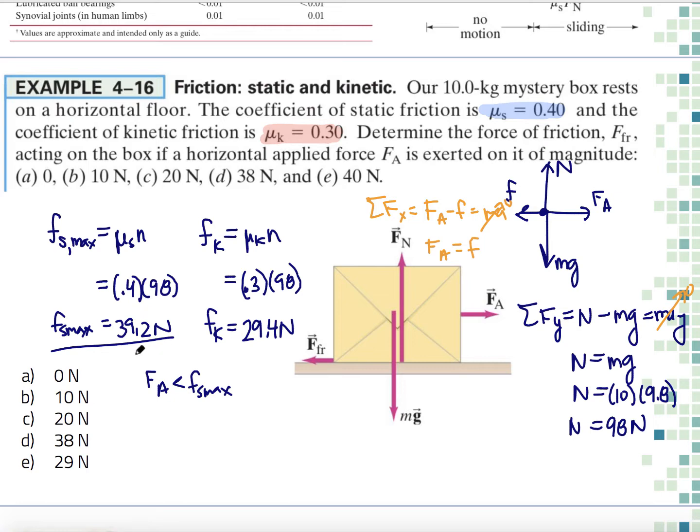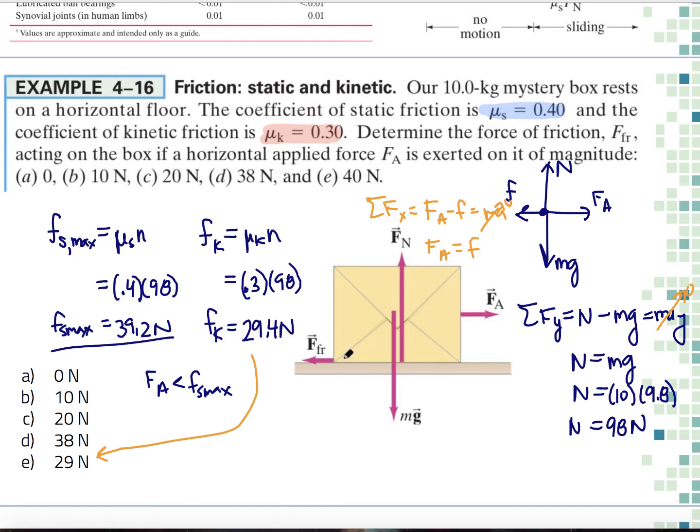So as soon as I go beyond my maximum friction force, I know that I'm going to start moving. So all of a sudden, what is happening? I'm using kinetic friction. So now my force of friction is equal to that of my kinetic friction. So because I'm moving in E, my frictional force is my kinetic friction.